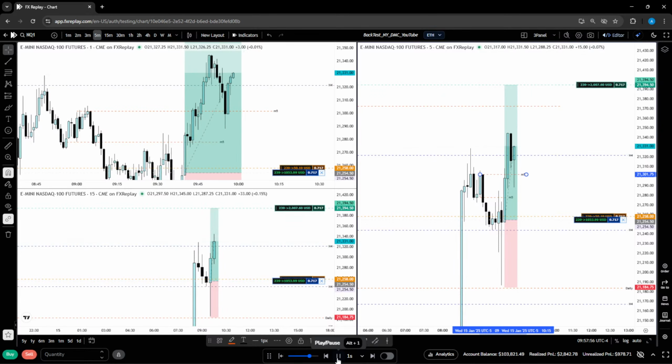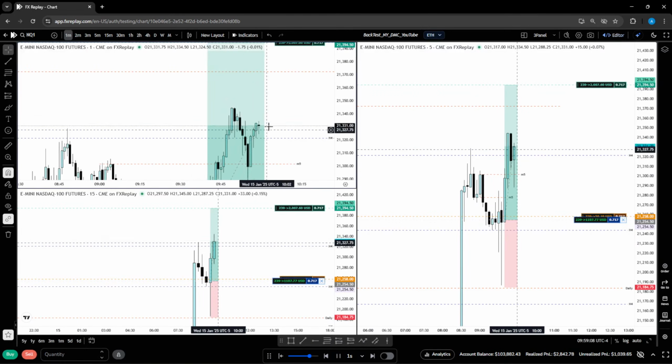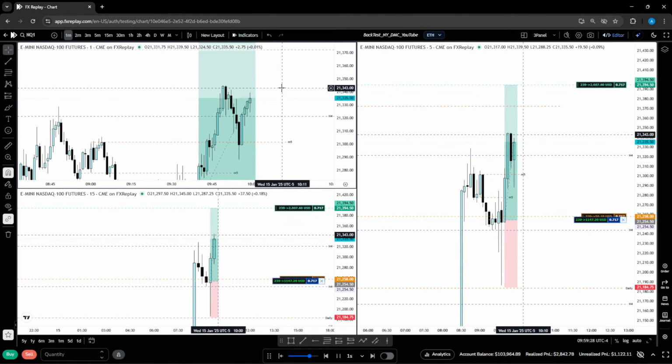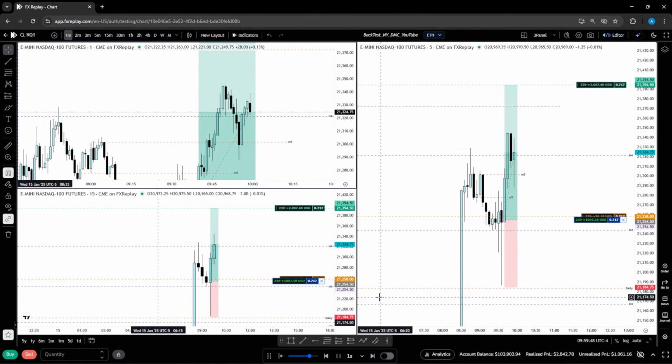The 4 hours should not resist now. Should support, which is what it does. Need to close above this high.